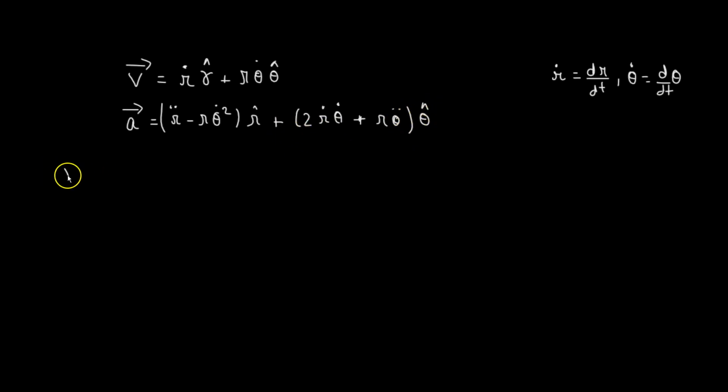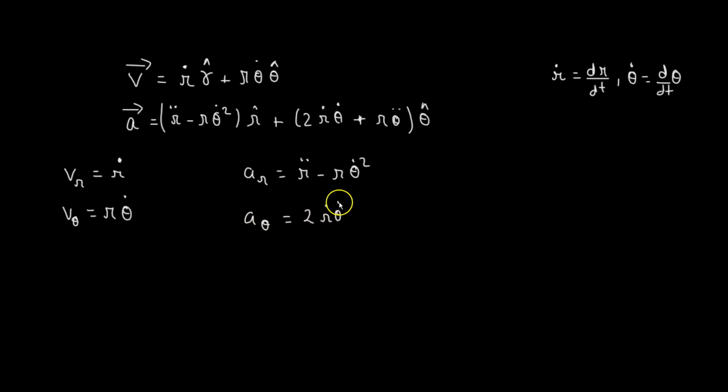So we can now write v of r, the radial part of the velocity, as r dot, and the angular part v theta equals r theta dot. Then for the acceleration, the radial part a r is given by r double dot minus r theta dot squared, and the angular part a theta equals 2 r dot theta dot plus r theta double dot.